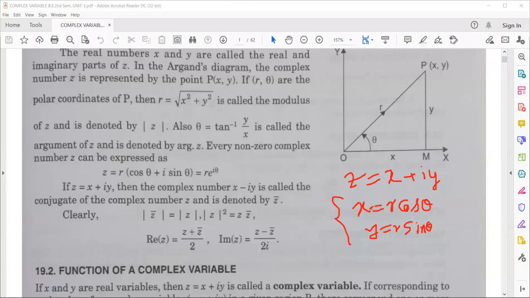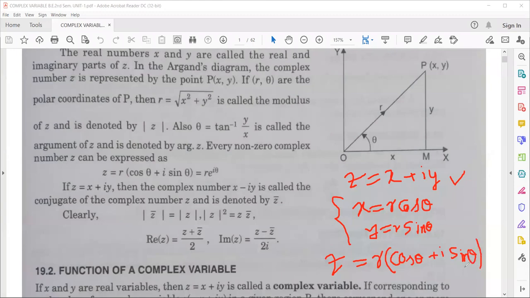If you substitute these values of x and y in terms of r and theta in this complex number, Z becomes r cos theta plus i r sin theta. Here also r, here also r, so r will be common. In the bracket it will be cos theta plus i sin theta.